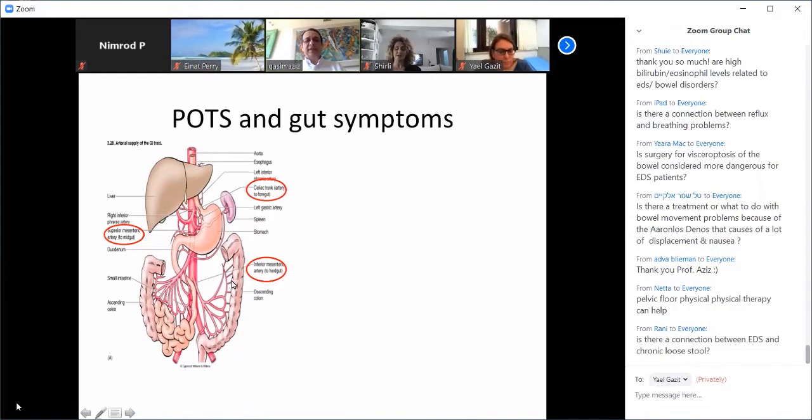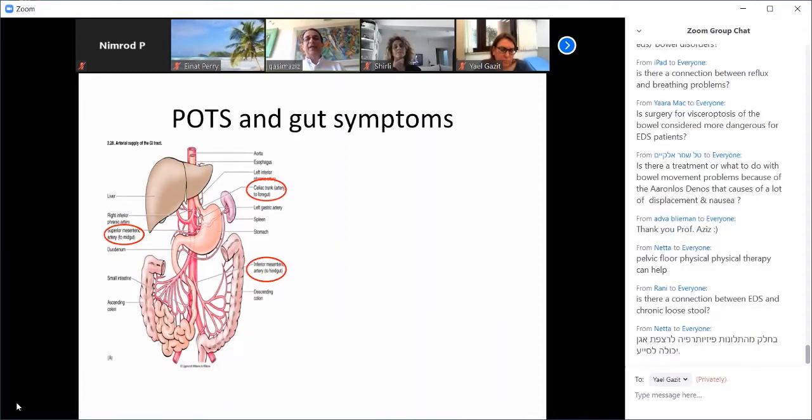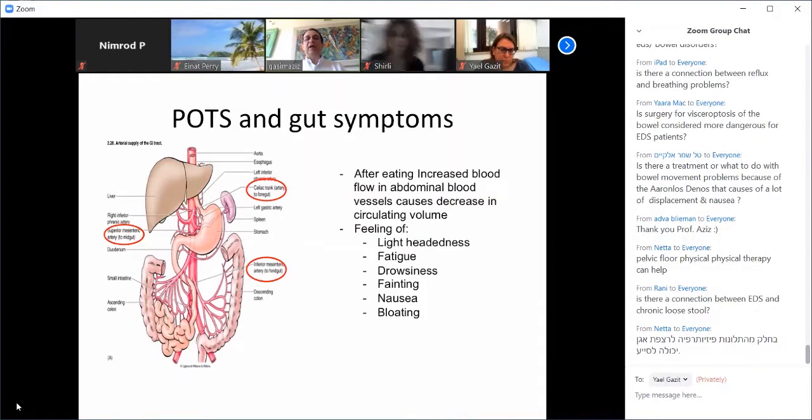And just to say that the gut has a very rich blood supply. There are lots of blood vessels supplying blood to the tummy cavity. The important thing to remember is that when we eat, there is an increase in blood flow in the tummy cavity. There's much more blood coming down into the tummy cavity when we eat to help digest the food.